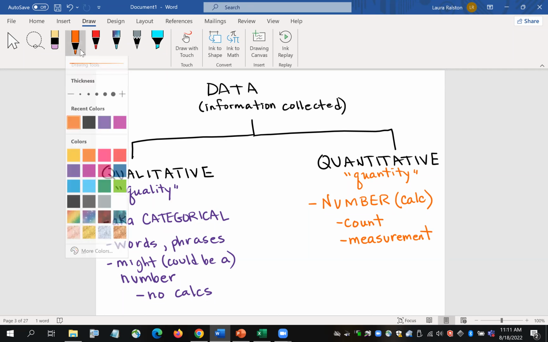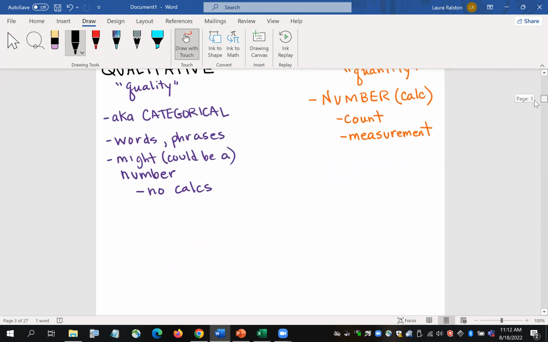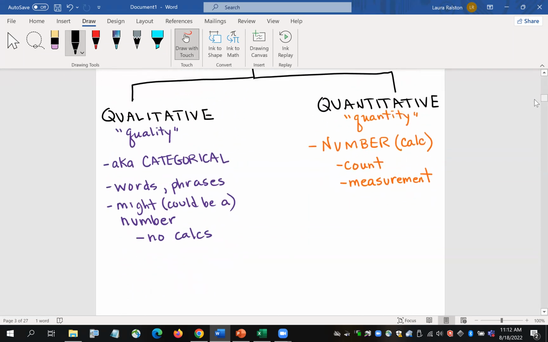Quantitative data, if we're dealing with numbers, those numbers can be broken down into two additional categories. I'm going to have to scroll down. Okay, can be broken down into two additional categories. One of those categories is called discrete, and the other is continuous.